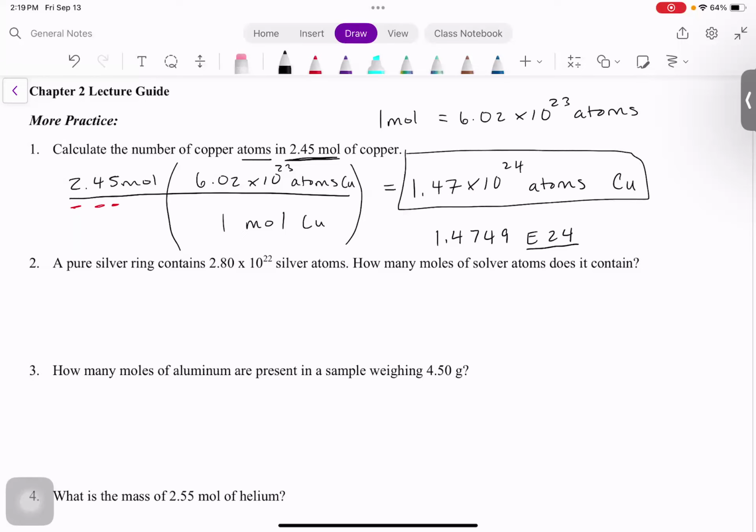And if you're getting an answer that is off by an order of magnitude, meaning you're getting like 1.47 times 10 to the 23rd or 25th, it's likely an issue with how you are typing your numbers into your calculator. So please get some assistance with that from me, from the internet, from one of the tutors or peer leaders or somebody else in the class, anything that you need to do to get assistance with that, because you want to make sure that you're typing these into your calculator correctly.